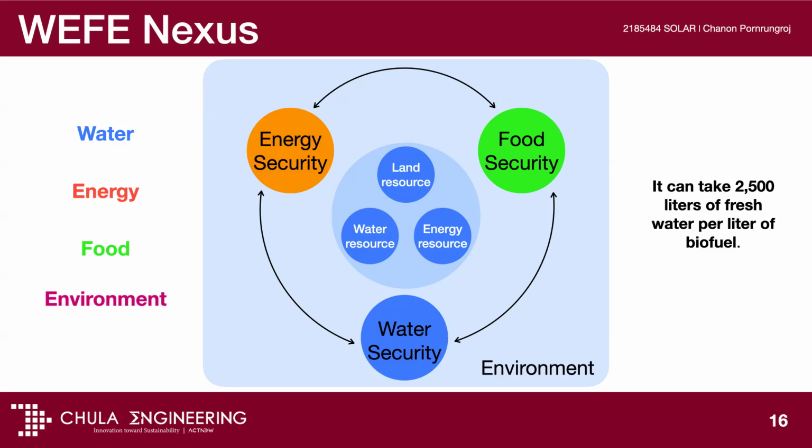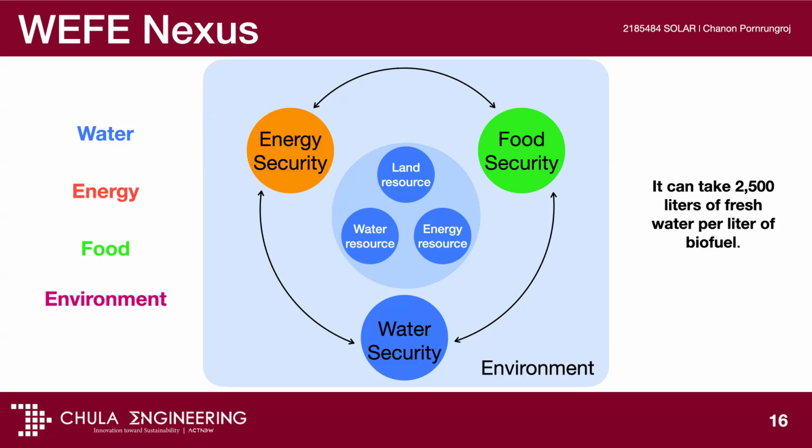If you want to solve the energy problem, you also relate to the water problem. If you want to make biofuels like palm oil, for example, for the whole lifetime of those palm trees to make 1 liter of biofuels, you need 2,500 liters of fresh water, right?